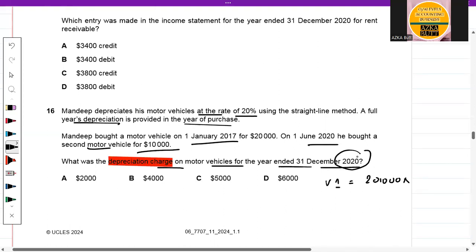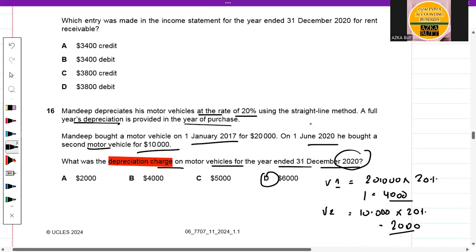Multiply it with the 20%, so it would give you 4,000. And your second vehicle's cost is 10,000. Multiply 20%. So this is giving you the answer, which is 2,000. So for 2020, your depreciation would be 4,000 and 2,000 is equal to 6,000.